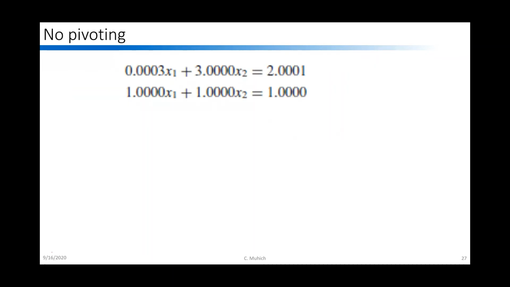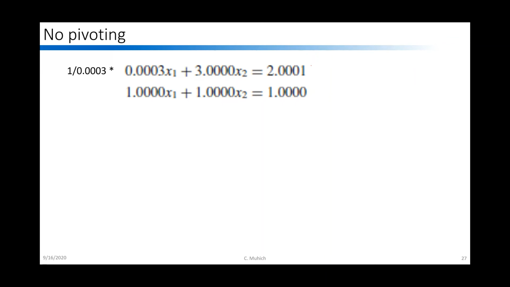So let's go ahead and take that matrix and start doing our math. The first step that I need to do is multiply that top row by 1 over 0.0003, so that when I do the subtraction, I get 0.001.